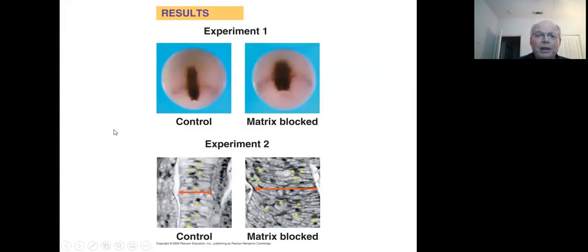Now, if you interfere with the extracellular matrix, which you can do, you can block the extracellular matrix, you can disrupt the ability of the cells to migrate, and what you wind up with is a disorganized mass of cells that no longer form a nice, neat layer of cells because they have no clue as to what they're supposed to do. They're not receiving the signaling. The matrix is not providing them with the signals that they need in order to be able to crawl from one location to the next. So they simply form a disorganized mass of cells.